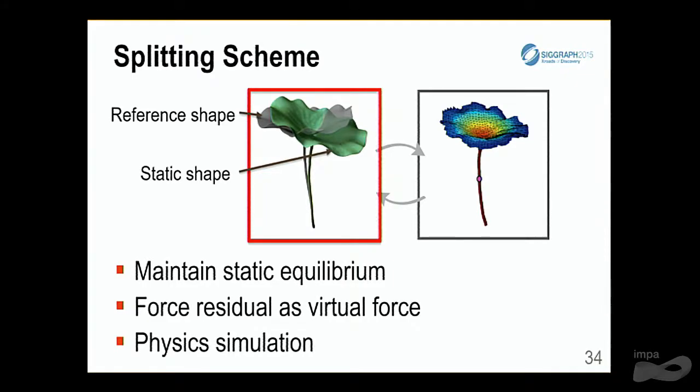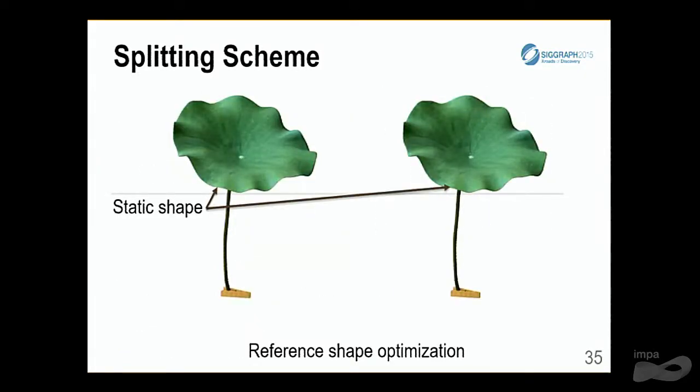We say, well, if it's static equilibrium, the force residual should be 0, and therefore we aspire for that, and then use physics simulation based on this virtual force. And this thing actually ends up not being very difficult. The only thing difficult is to calculate the Jacobian of the force with respect to the reference shape. But after 2 or 3 pages of linear algebra, you get it. It's in the paper, if you must see them.